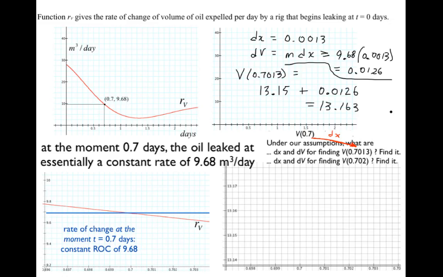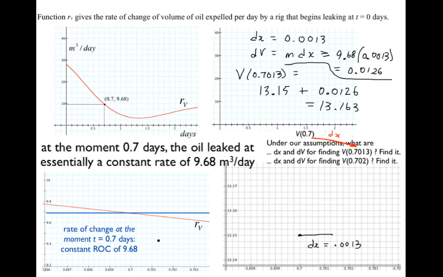Is that okay? So now let's illustrate that. We started at 0.7 days, 13.15 meters cubed expelled. And what happened? We had a change of 0.0013. And I think that takes me to right about here. dx is our 0.0013.